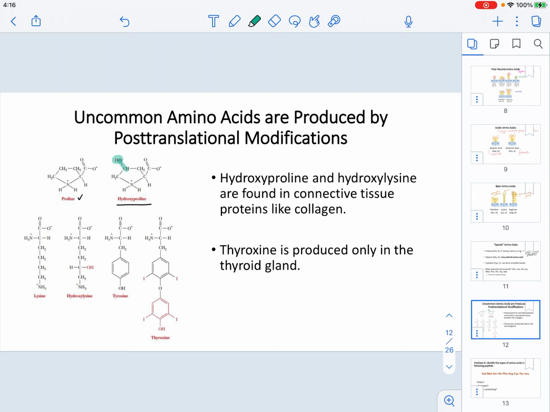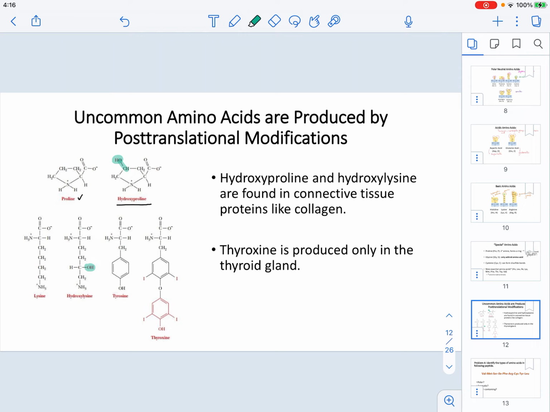When it comes to hydroxylysine, that hydroxy group is added on the second carbon going towards the alpha carbon, away from the amino group on lysine. Those two uncommon amino acids, hydroxyproline and hydroxylysine, are actually found in connective tissue.